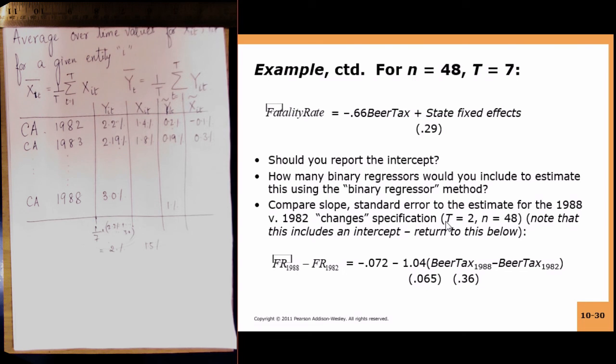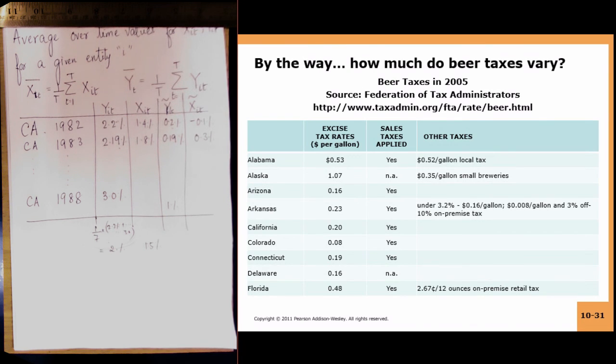If we compare this with the 2 years data, the changes specification with only t equals 2, we can see that the coefficient was much larger in magnitude in that case, while the coefficient here is 0.66.